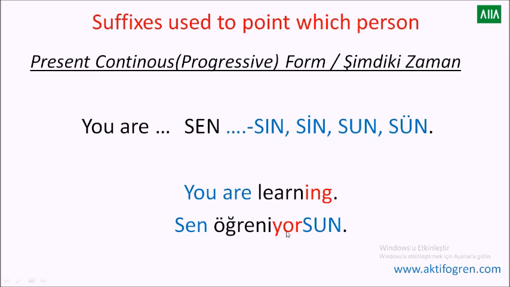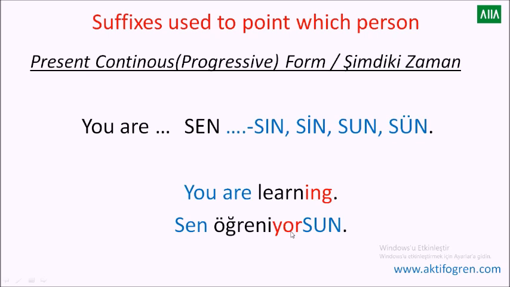It finishes with o, so that's why we put u here. So öğreniyorsun. You, who is learning? You, because we understand this from this suffix sun. So learn is the main verb here, but there's a time word here which shows the action is happening now. You are learning, the ing form, which is equal to your red part.